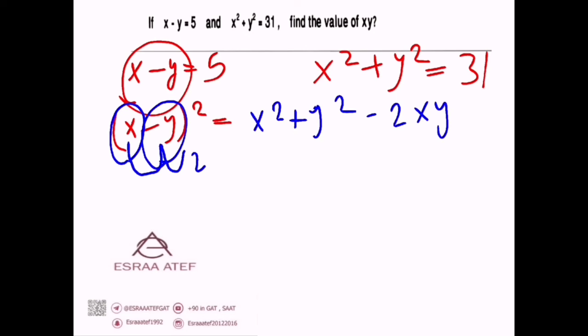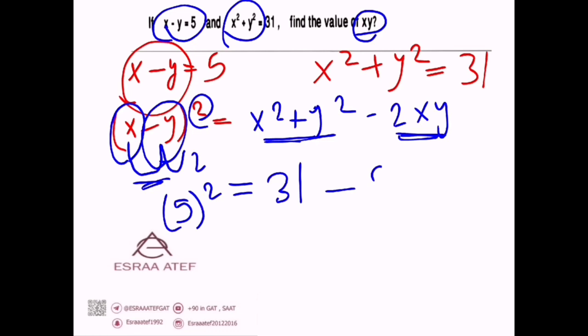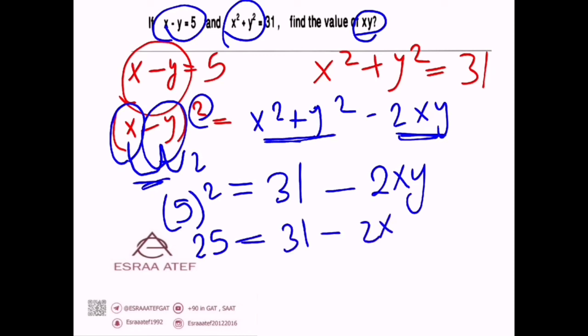Okay, so we have the value of x minus y, which is 5. But it will be 5 squared because it's squared, equals x squared plus y squared. We have the value of it, which is 31, minus 2xy. He needs xy. So 5 squared will be 25 equals 31 minus 2xy. We will solve the numbers with each other.